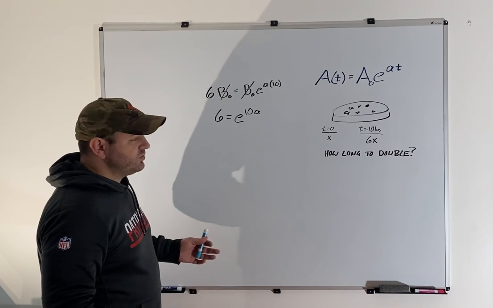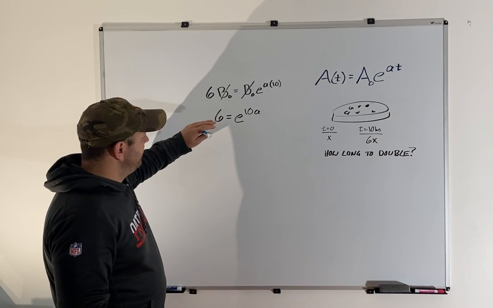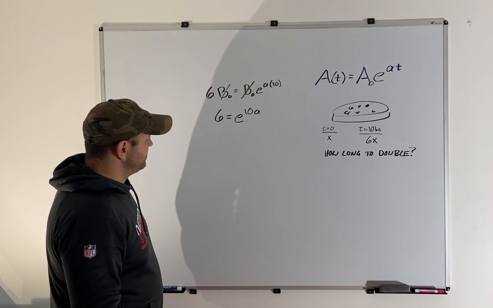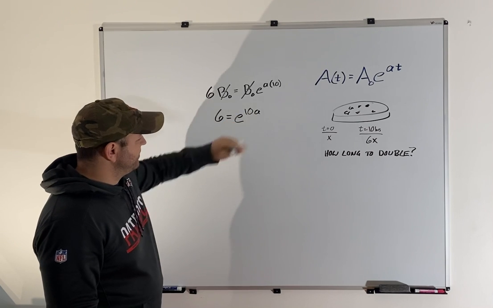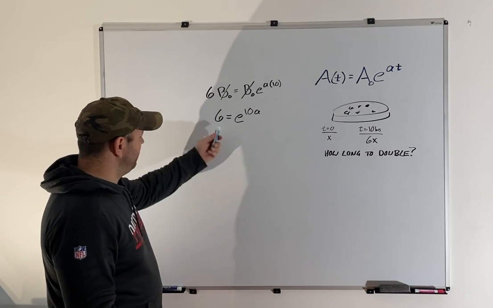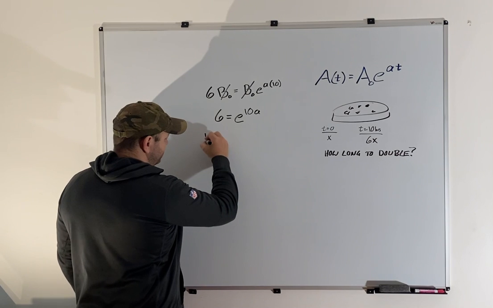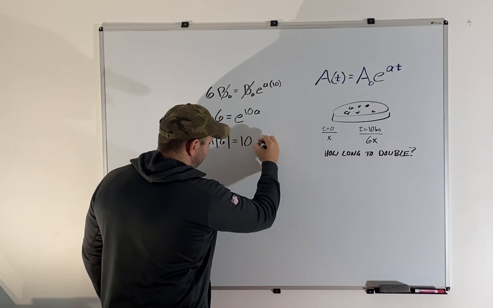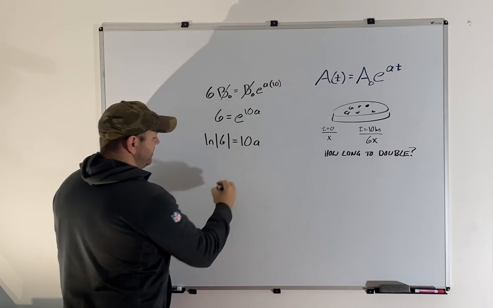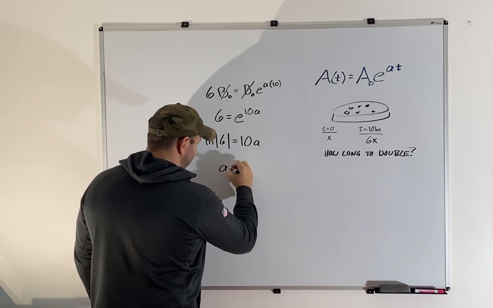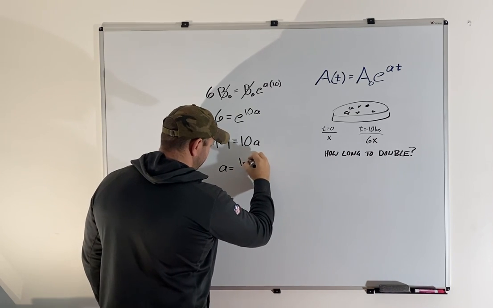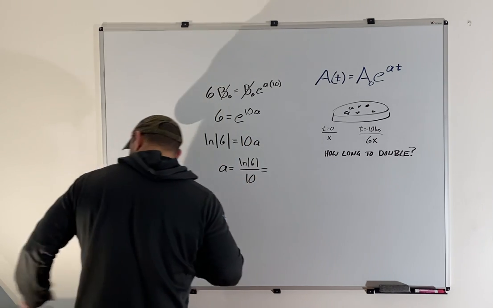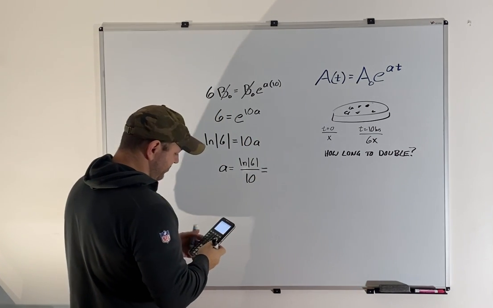We're going to use a similar trick as we did before. We can just take the natural logarithm of both of these, and whatever e is raised to, we'll be left with that as itself, and we'll just keep the ln of 6 over here. So it's going to be ln of 6 equal to 10a, which tells us that a is equal to the natural logarithm of 6 divided by 10. Grab a calculator, do that one up real quick.